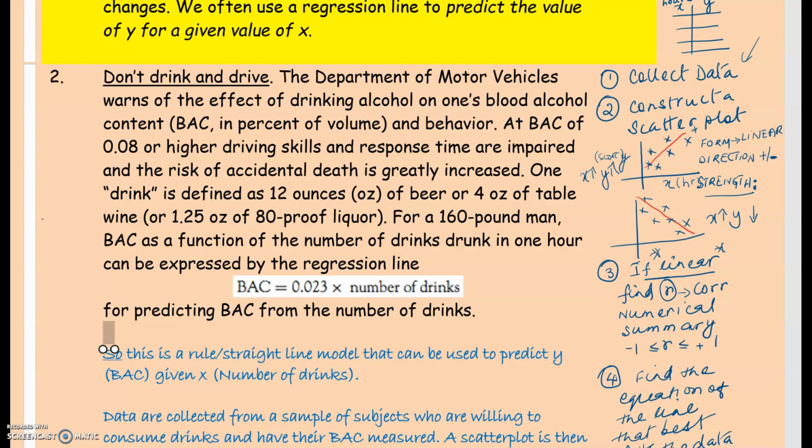A correlation is a number between -1 and 1. We've seen this in the previous class. And for a negative relationship, correlation lies between -1 and 0. And for a positive relationship, the correlation lies between 0 and 1. The closer it is to 1, the stronger is the relationship. The closer it is to 0, the weaker is the relationship.